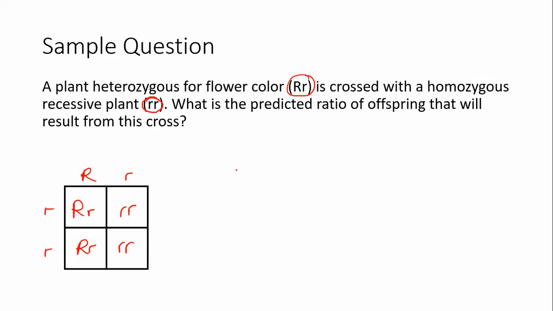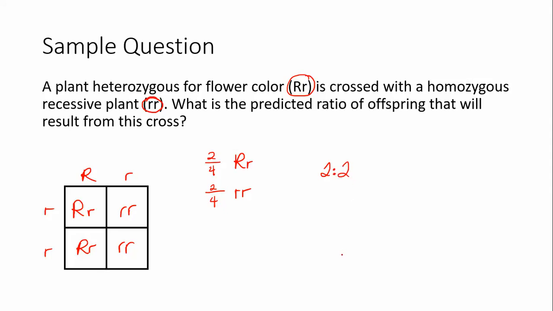So if I count up, I have 2 different genotypes that come out of this. I have 2 out of 4 that are going to be big R, little r, or heterozygous, and the remaining 2 out of 4 are going to be homozygous recessive, little r, little r. What this means is that for every 2 big R, little r, I have 2 little r, little r.